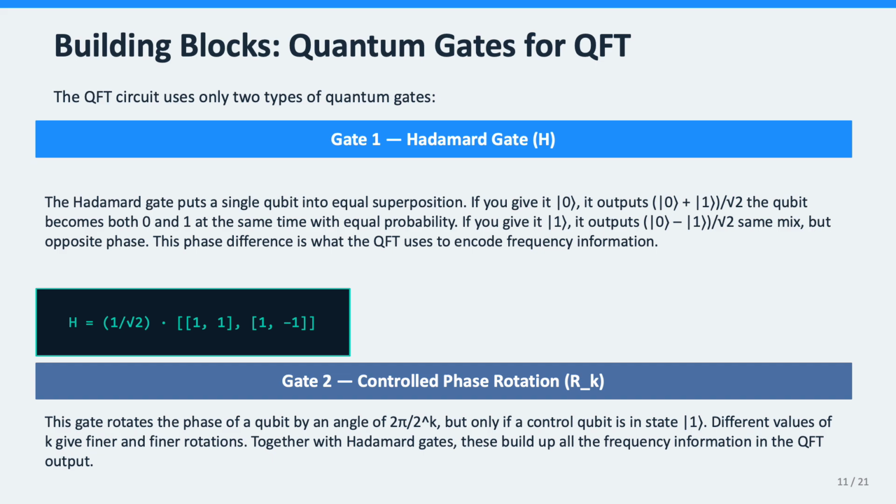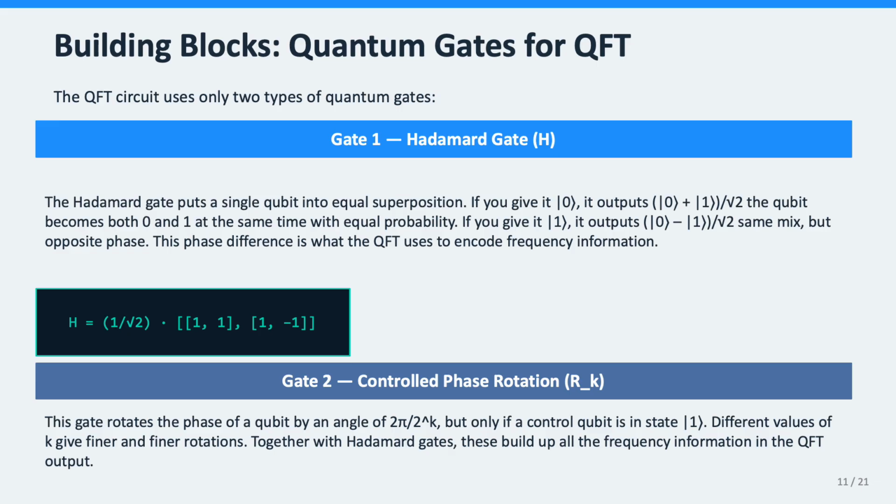When we feed it a qubit in state 0, it puts the qubit into an equal superposition of 0 and 1. When we feed it a qubit in state 1, we get the same equal mixture but with a minus sign on the 1 component. The phase is flipped. The phase difference is what the QFT uses to encode frequency information.